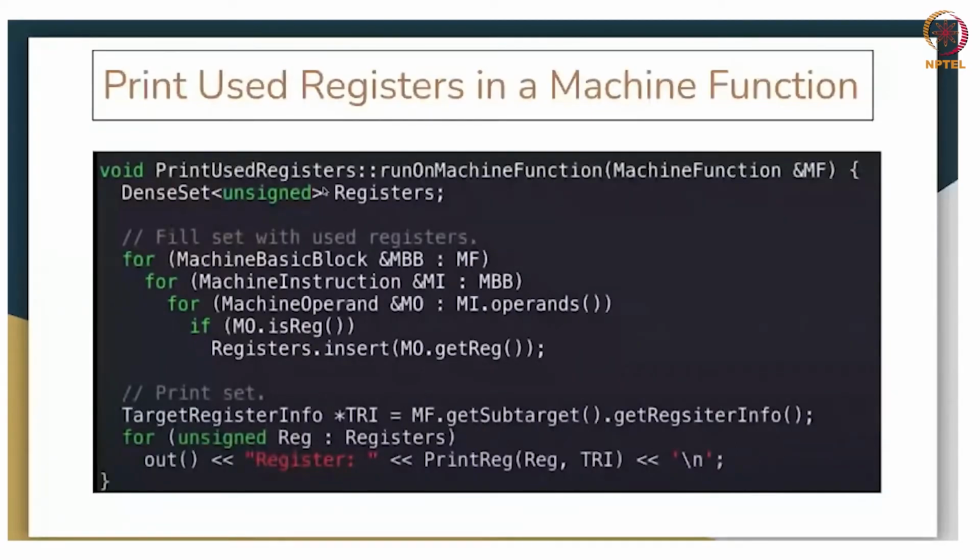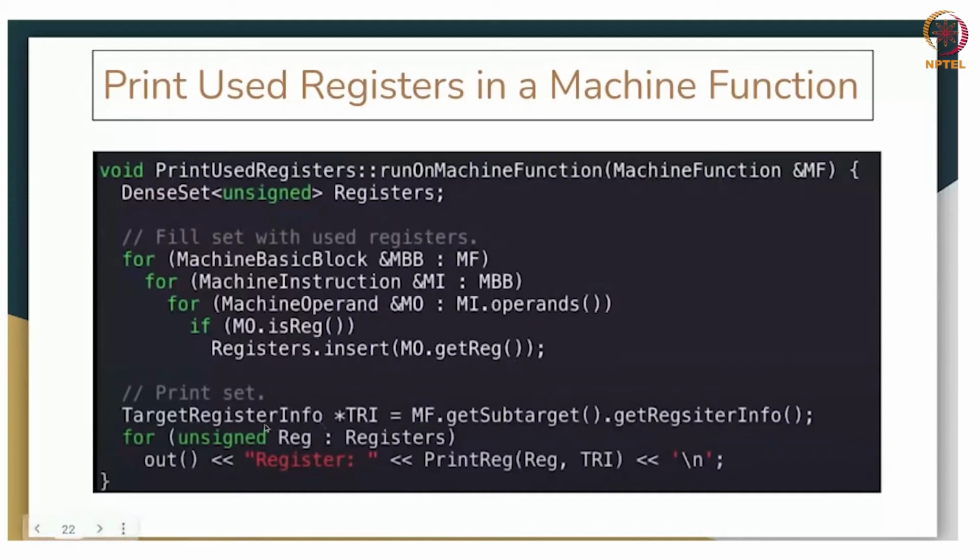Each machine function consists of n machine basic blocks, and each machine basic block consists of, say, k machine instructions. You iterate over these, look at the machine operands, and if an operand is a register, you insert it into a set.